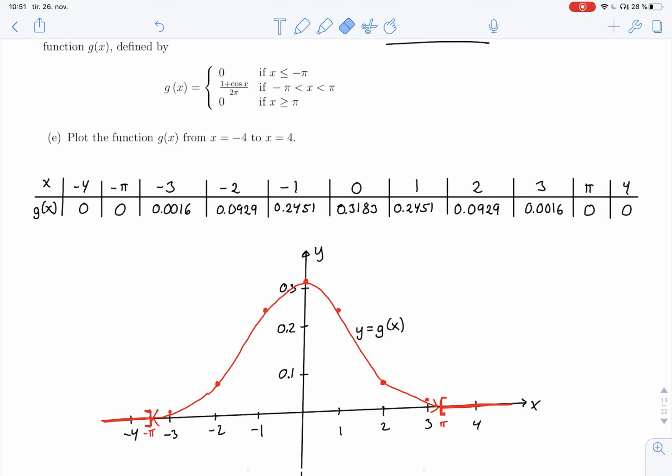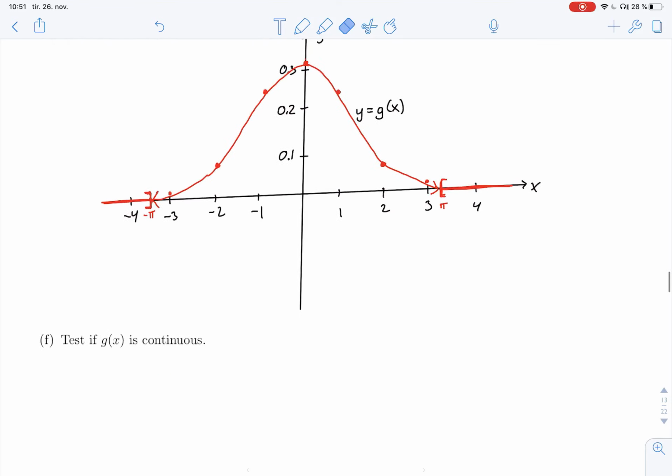So what we need to make sure in order for the graph to be continuous is that when we approach x equals minus pi, it is equal to g of minus pi.